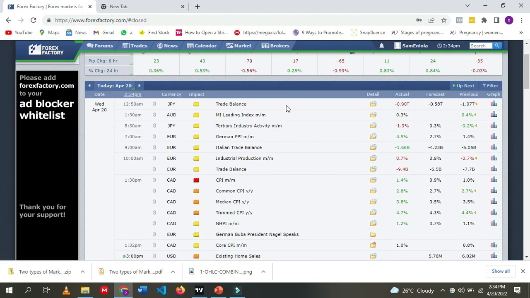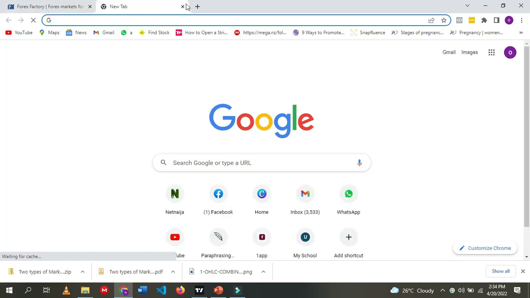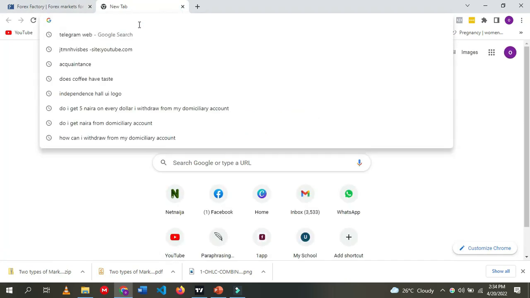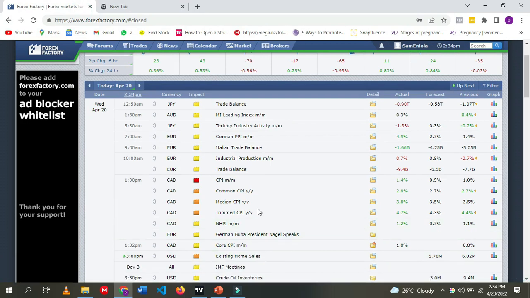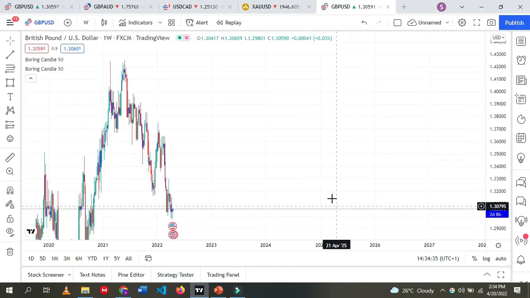When news happens, you will notice there could be a very quick change in direction, maybe a very quick candle just coming down. These are things you could see in the market. It happens all the time.